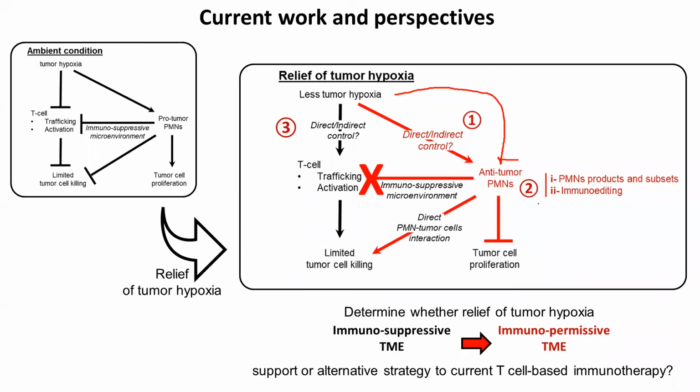The second axis of our research consists of having a deeper understanding of the role of PMN product and subset in tumorigenesis and in immunoediting, but I won't talk about this part today.